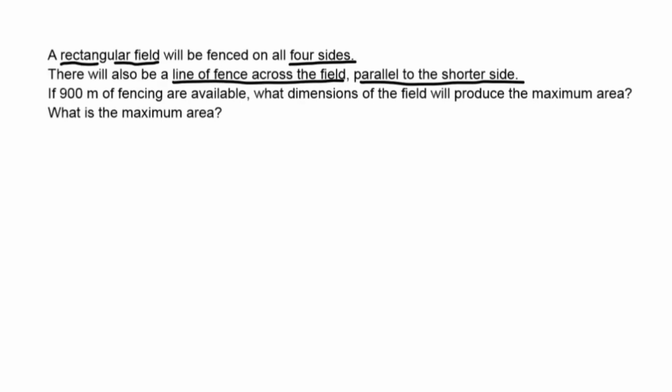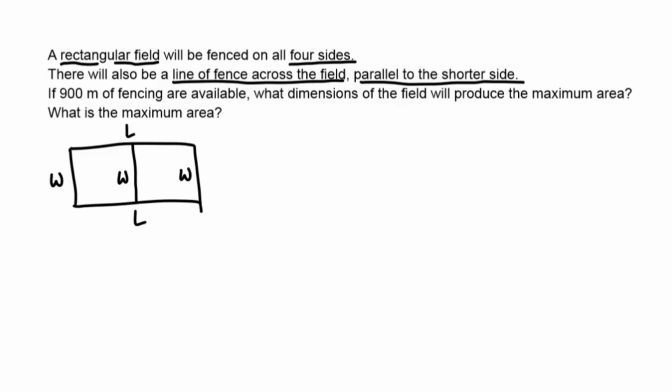It helps to create a diagram in this case just to see what it will look like. So we have a rectangle, and we have another line of fence that is parallel to the shorter side. We can label the shorter side the width and the longer sides the length. So we have 2 lengths and 3 widths.